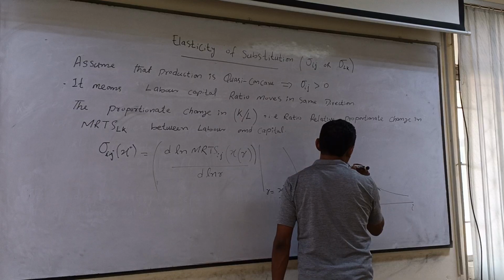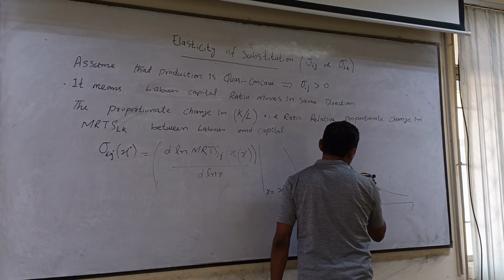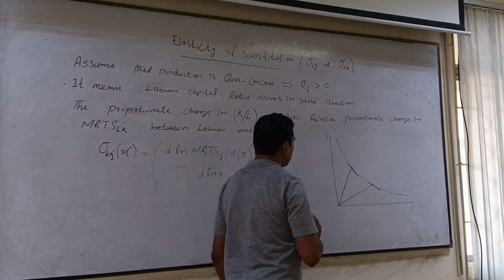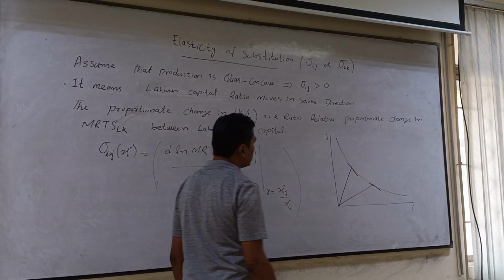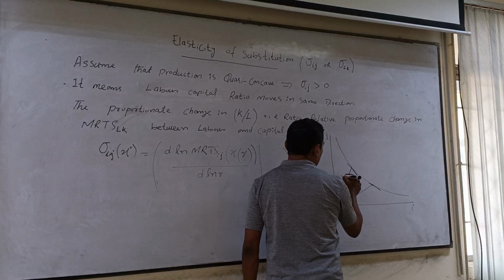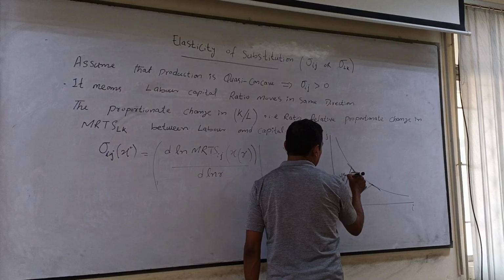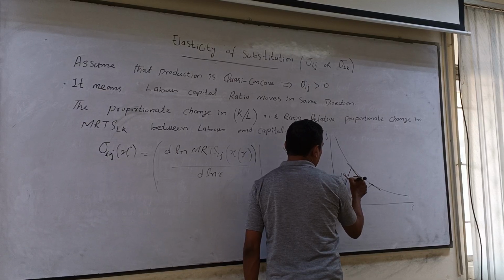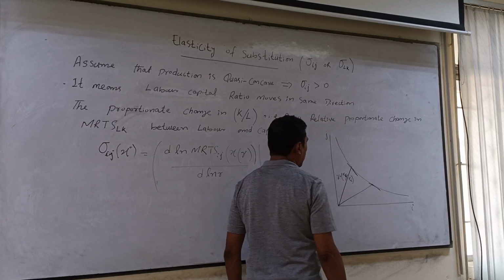Okay, this is r, for example, xj over xi. Am I right?